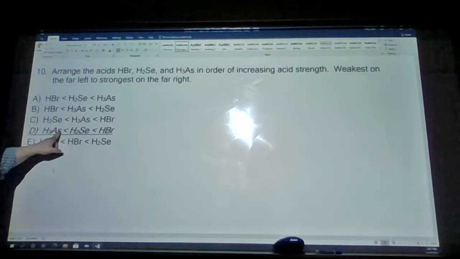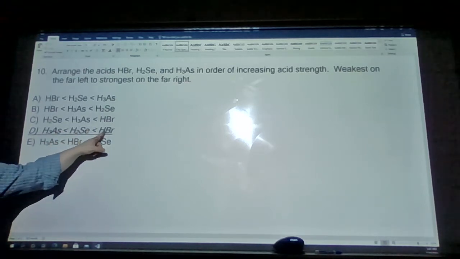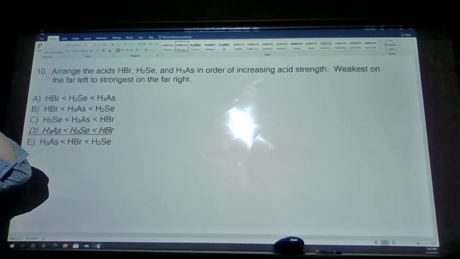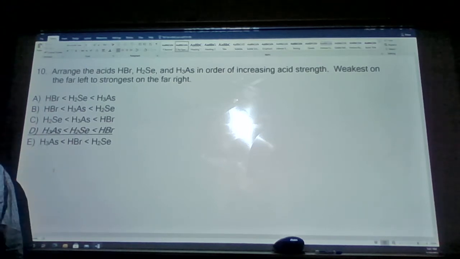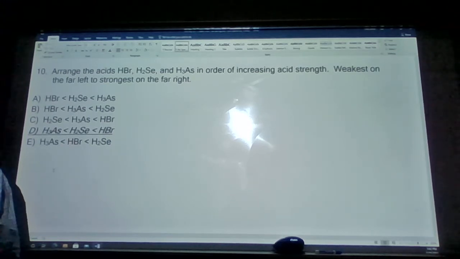Generally, because as we go from arsenic to selenium to bromine, we are changing atomic size.